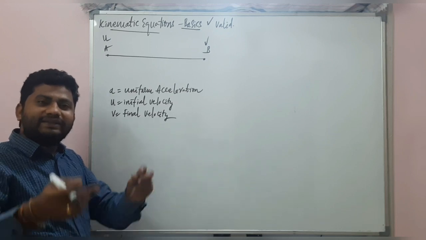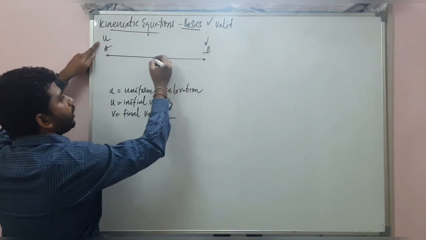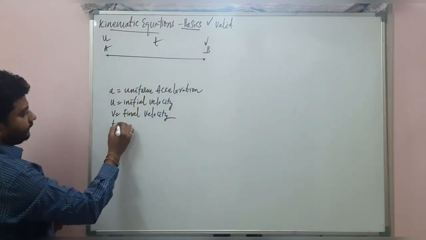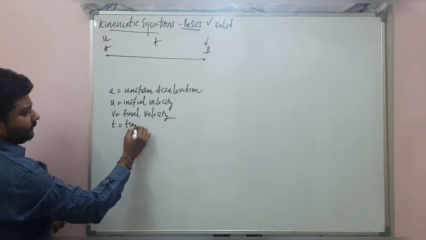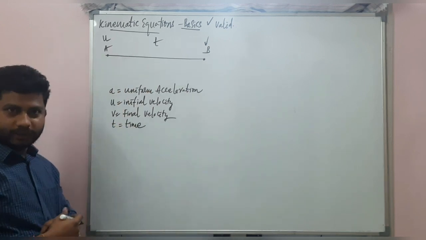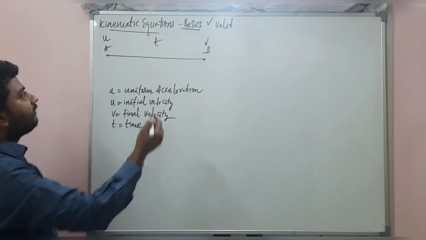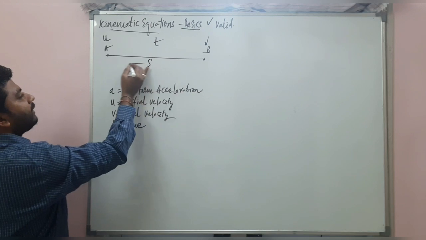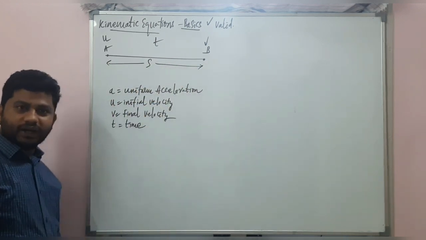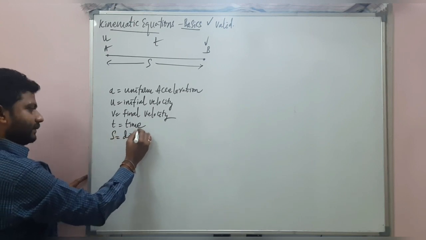By starting with some initial velocity to reach this final velocity, the body will take some time t, the time taken to move from point A to point B. In that time, the body will also have some displacement from the initial point to the final point, so that S is called the displacement.